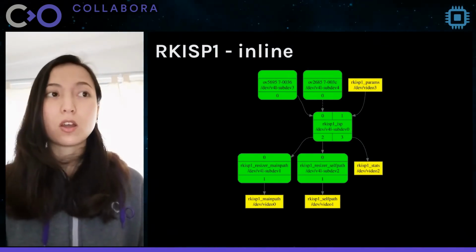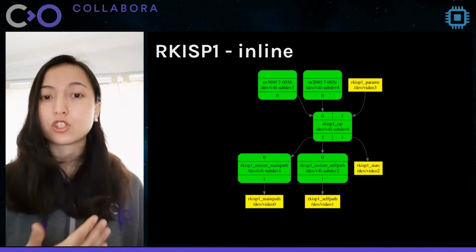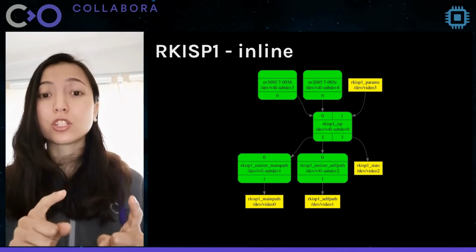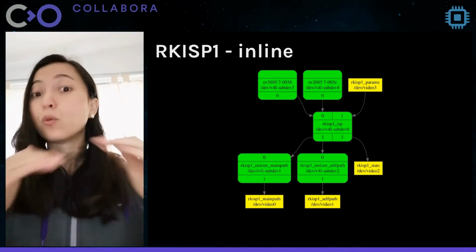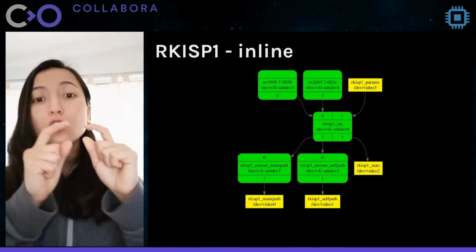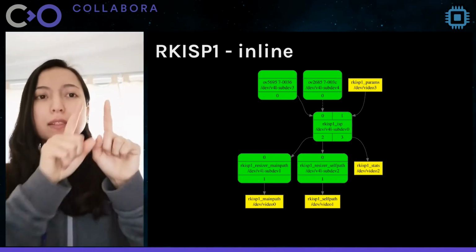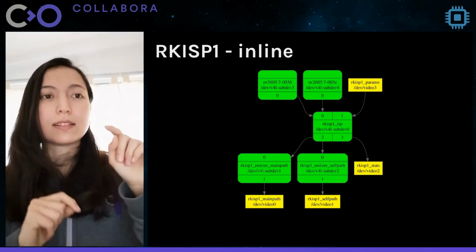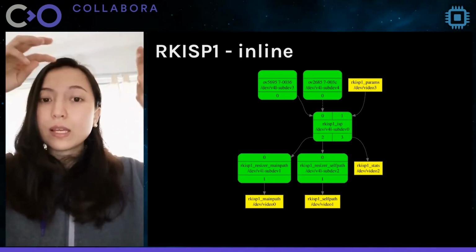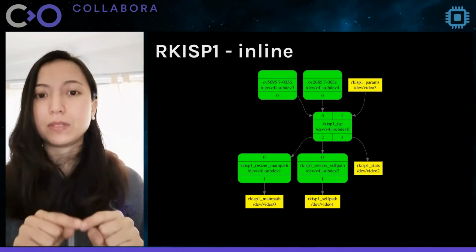Here is the topology of the RK ISP1 driver, which is inline. Specifically, this is the topology of the Scarlett Chromebook, which is a tablet, and we have a back camera and a front camera. Those camera sensors are represented by the top blocks, starting with OV, and just one of them can be connected to the ISP at a time.